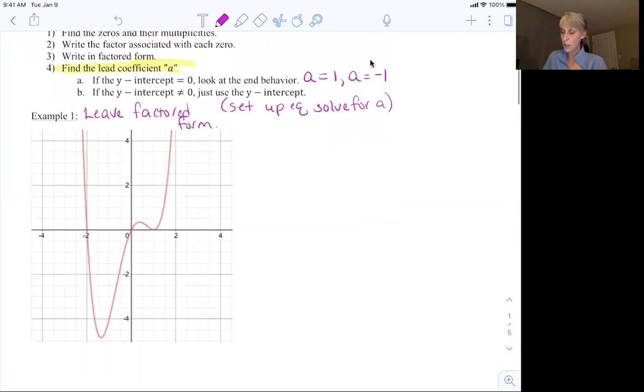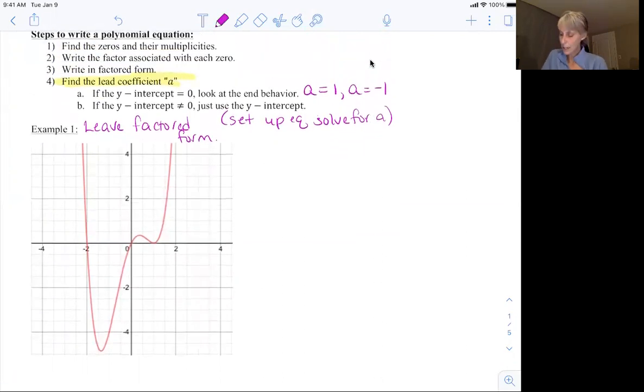So the first thing we want to do is identify the zeros and their multiplicity. So the easiest way to do this is set up our zero multiplicity chart. I have a 0 at -2. And since my graph cuts straight through, we're going to say it has a multiplicity of 1. I have an x-intercept at 0, right?